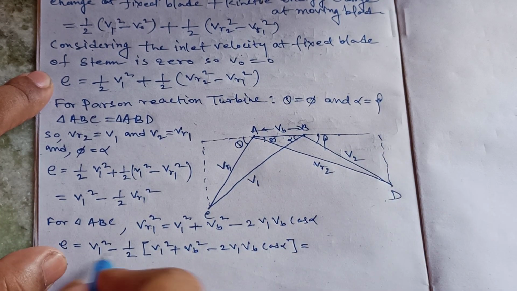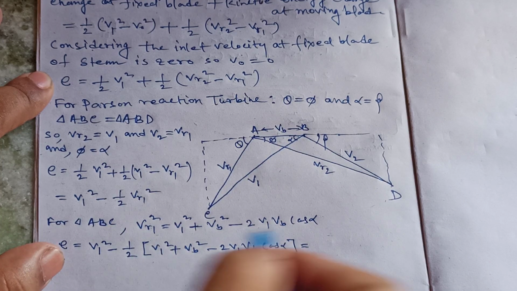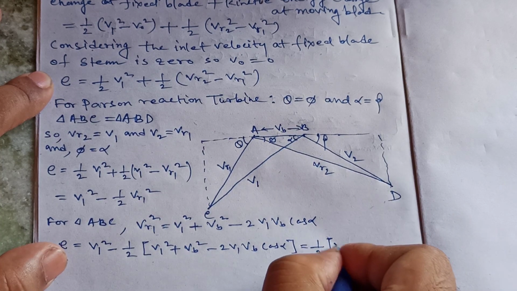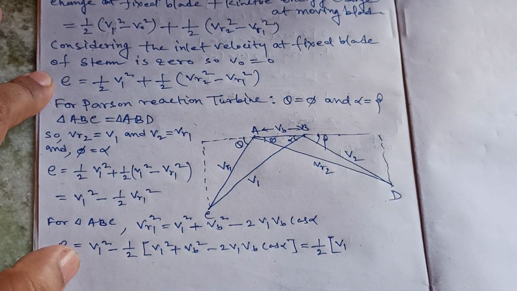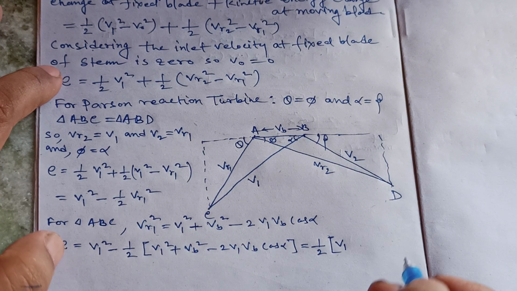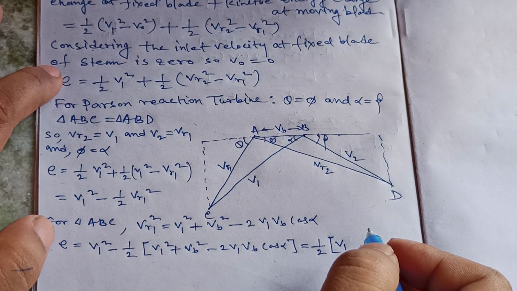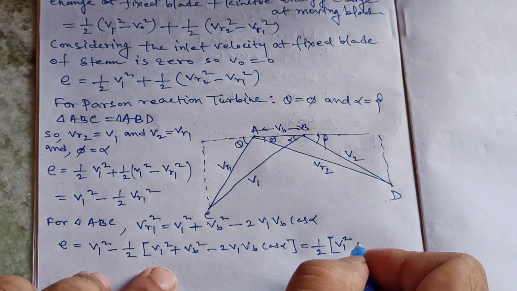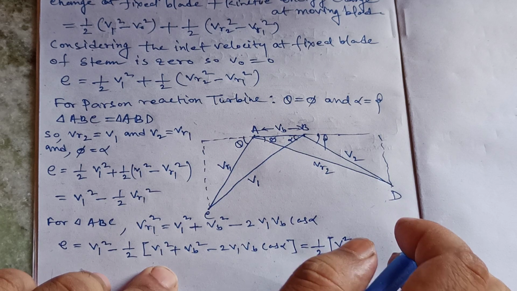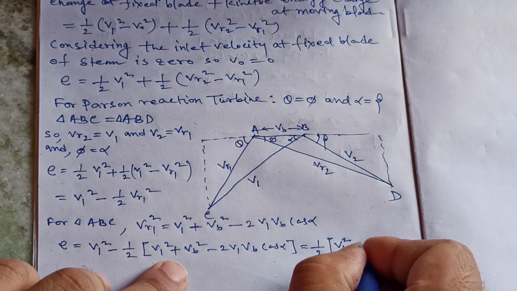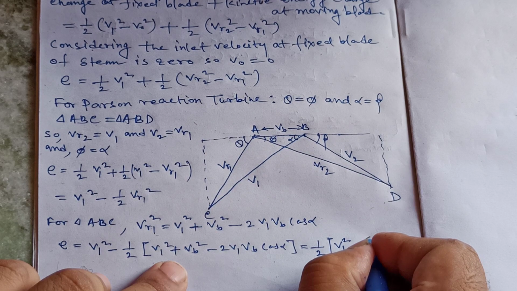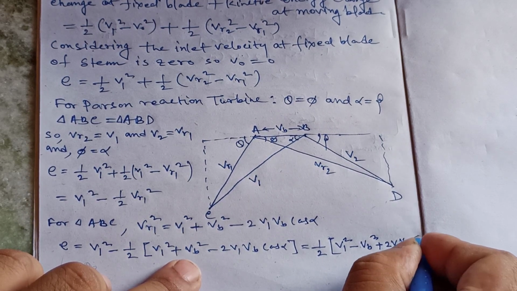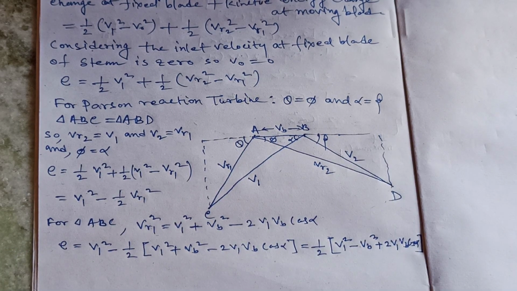This equals to half V1 square minus VB square plus 2 V1 VB cos alpha. Okay.